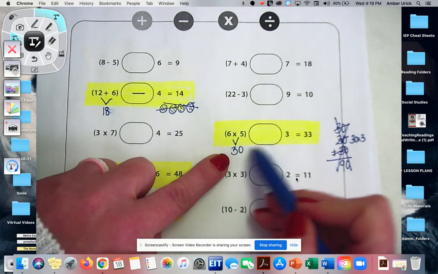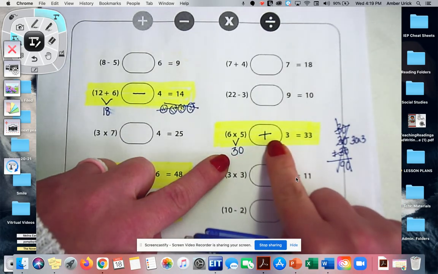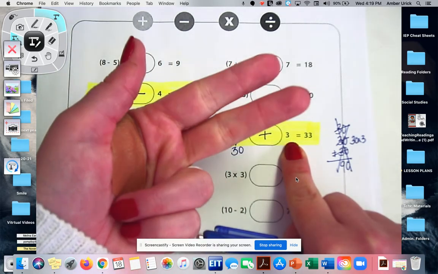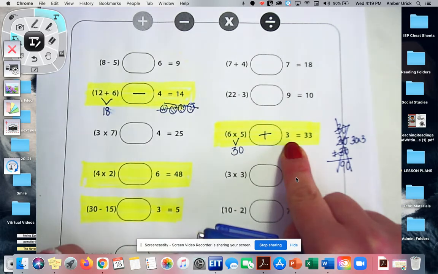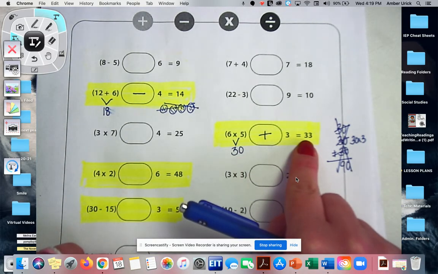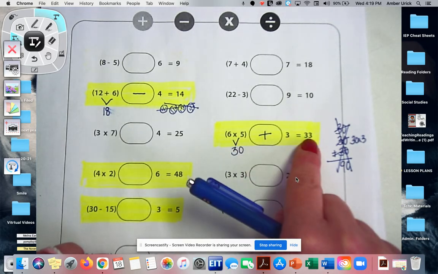So I think I maybe would be adding 30 plus 3, 30, 31, 32, 33. I added there, right? So 30 plus 3 is 33, or 6 times 5 plus 3 is 33.